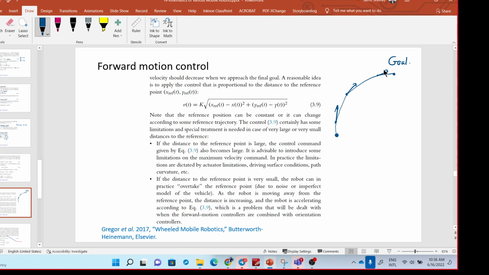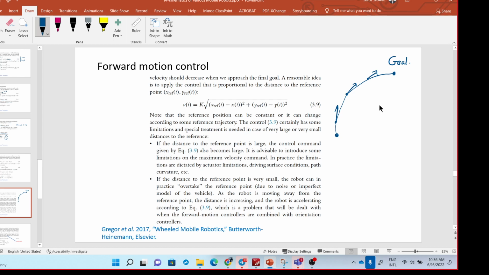How about this point? What is the linear velocity here? At this point we want it to stop, so linear velocity must be 0, the vector is 0 here.